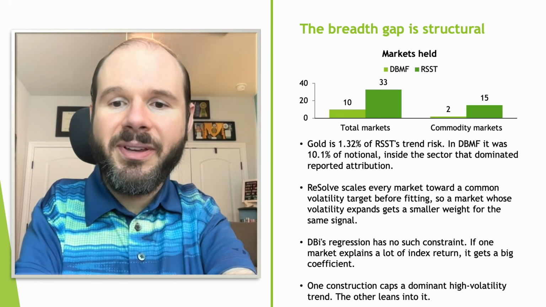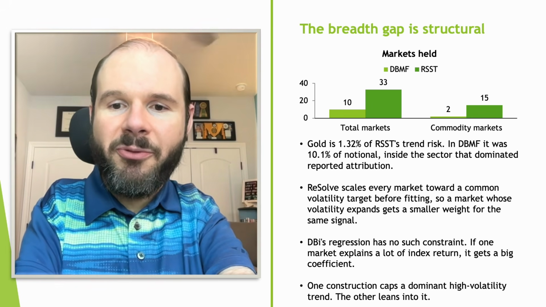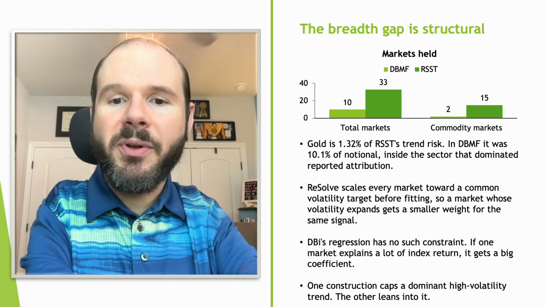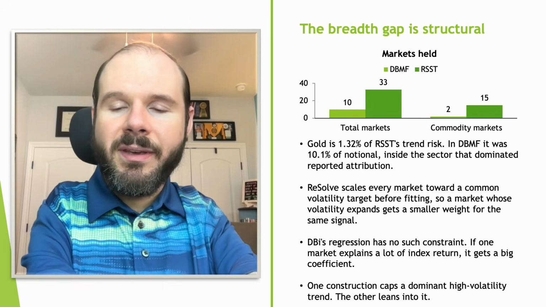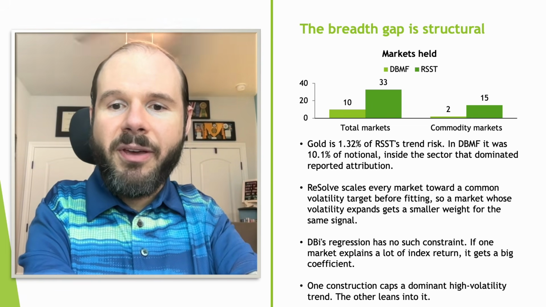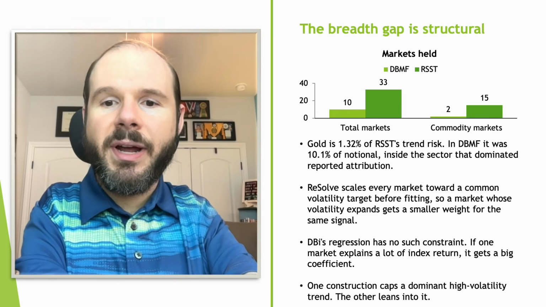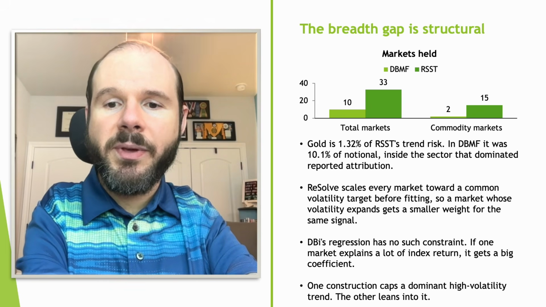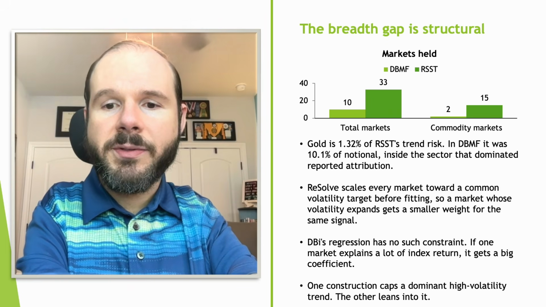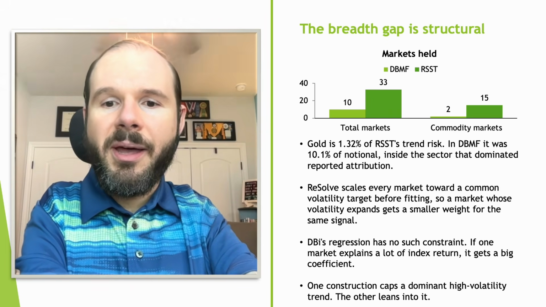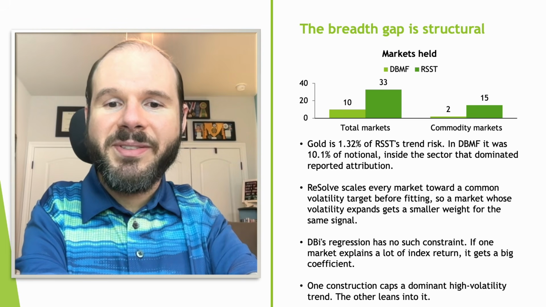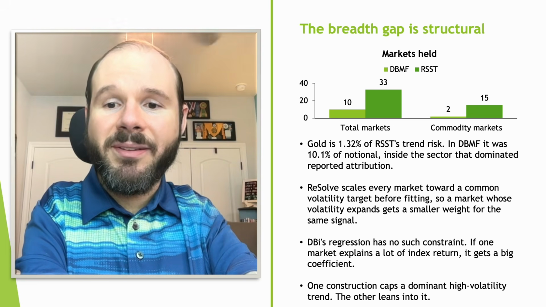But when you're looking at replication for a managed futures index, the proof is really in the pudding. And it does concern me that DBMF has such a large tracking error relative to its index, even though it's worked out great for investors so far. I just really like to see replication funds replicate.